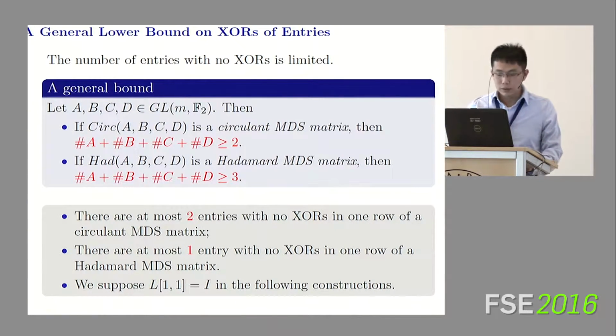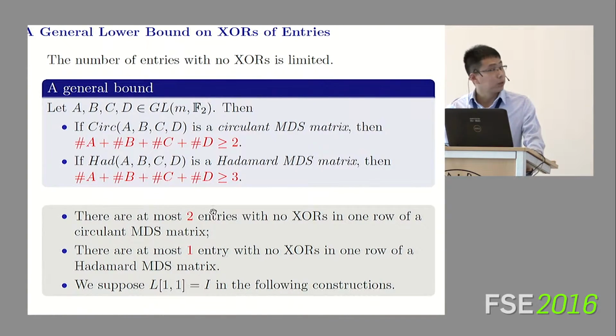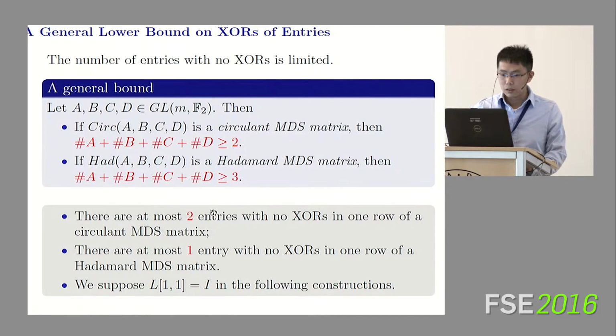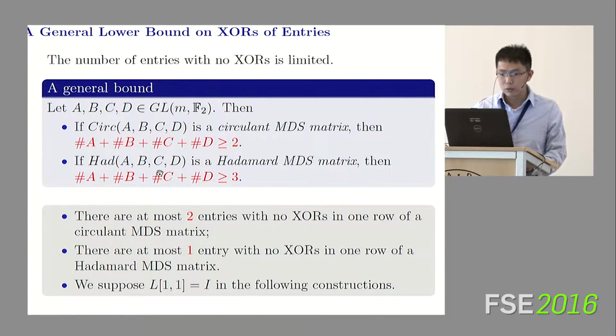Since one of our aims is to construct MDS matrices with as few XORs as possible, entries with no XORs are preferred. But for the circulant and the Hadamard matrix, the number of entries with no XORs is limited by a general bound. For a circulant matrix, the XORs of one row is larger than or equal to 2.